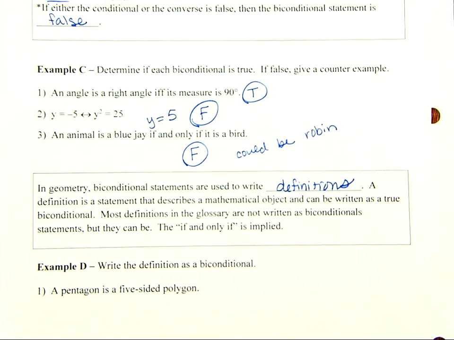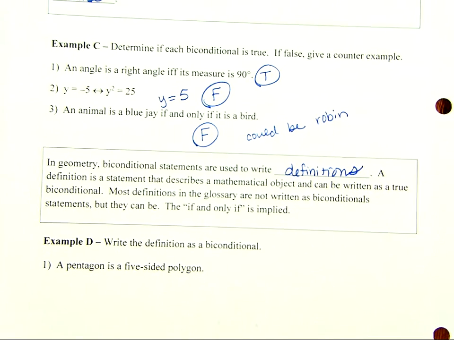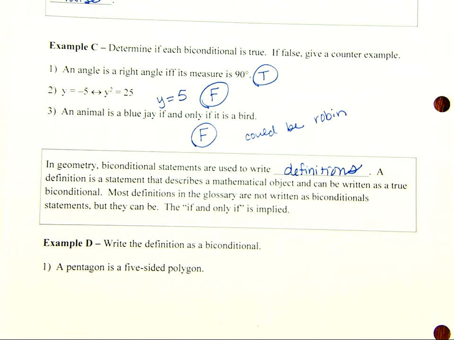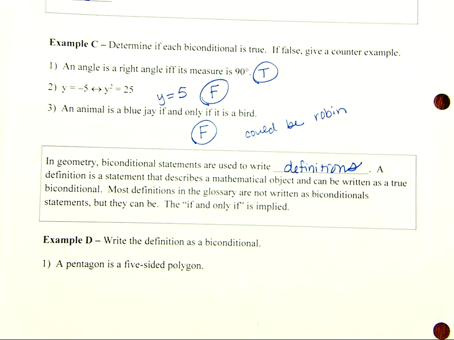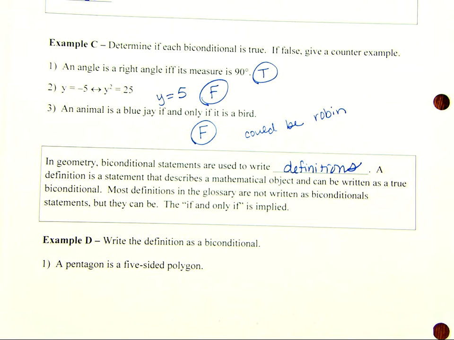So in example D, we have the given definition: a pentagon is a 5-sided polygon. We're thinking about how that would sound if we wrote it as a biconditional, meaning we need those keywords if and only if. Sometimes you have to add in additional words to make it make sense or to make it sound the best.